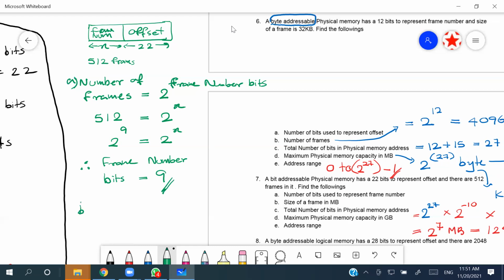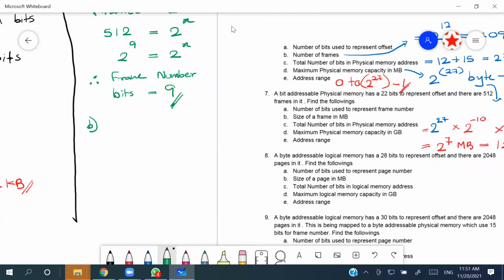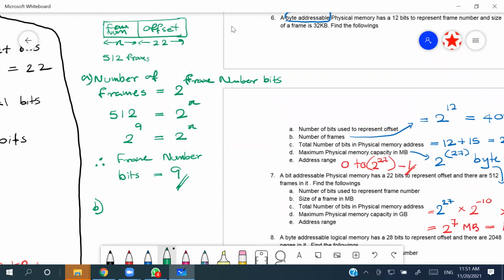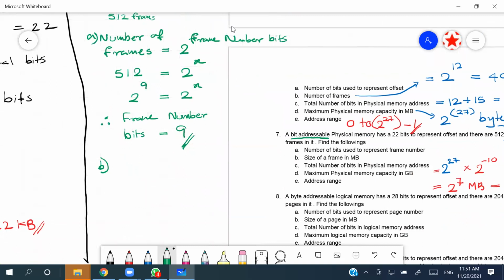And in part B, it says size of a frame in megabytes. We know that the offset has 22 bits here, and this is a bit addressable memory, so you have to be careful.